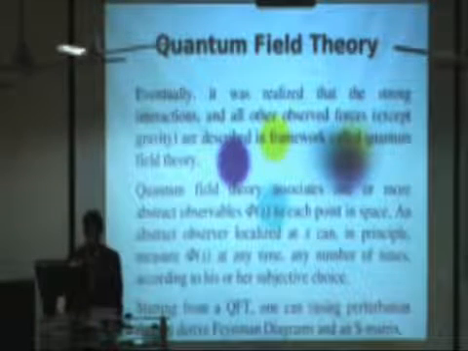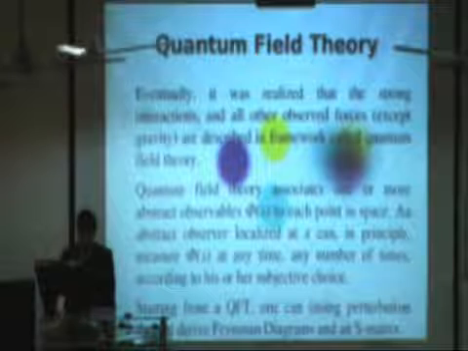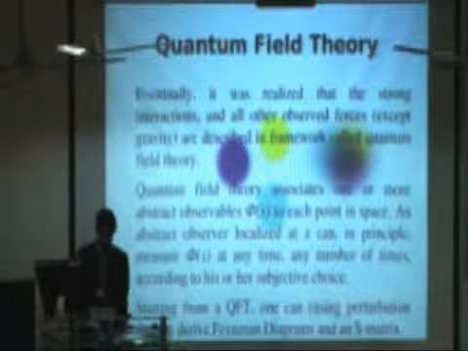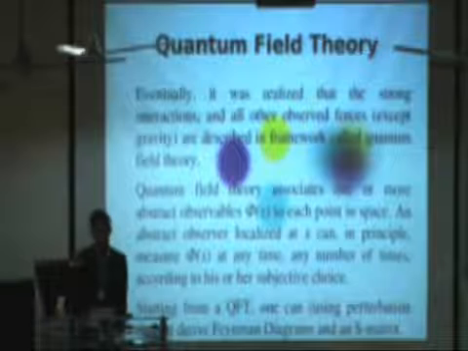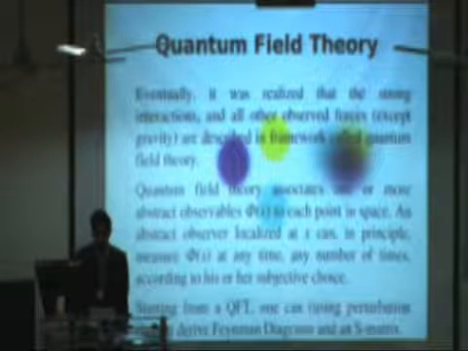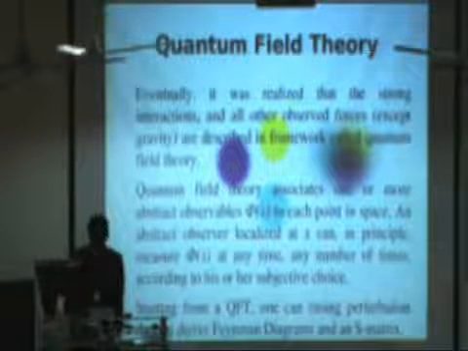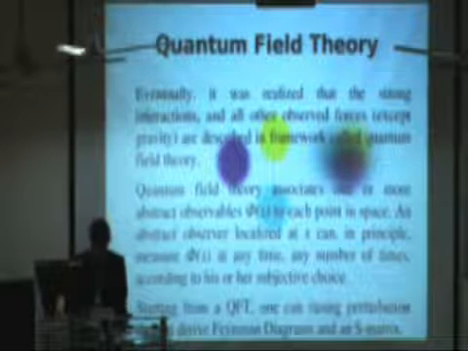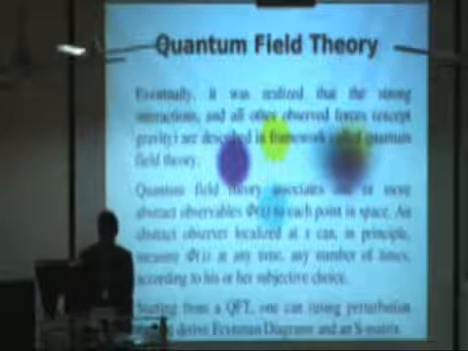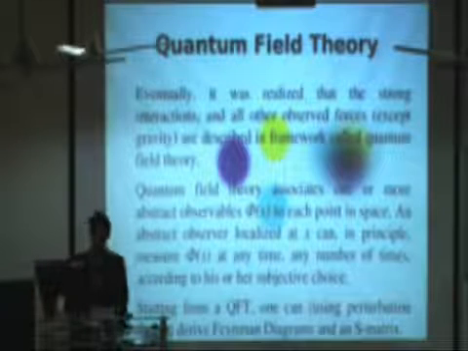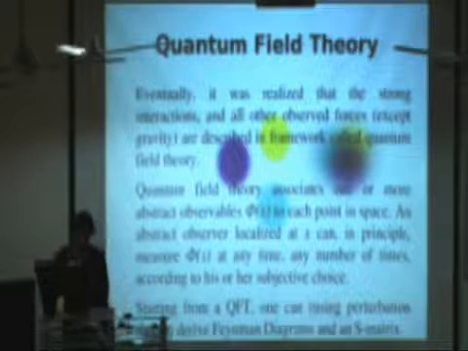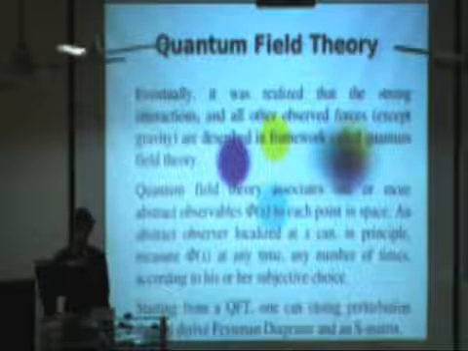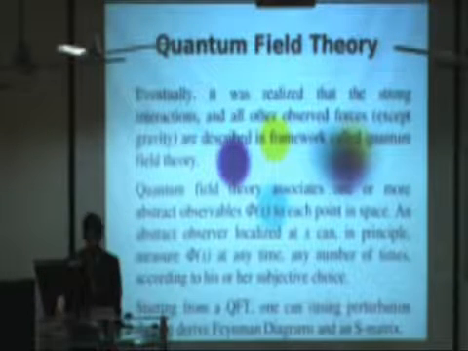So an abstract observer located at x can, in principle, measure phi of x any time, any number of times, according to his or her subjective choice. A priori, that seems like more than an S matrix, but in practice, when we test quantum field theory, we just derive an approximate S matrix for the quantum field theory and compare that to the results of scattering experiments.